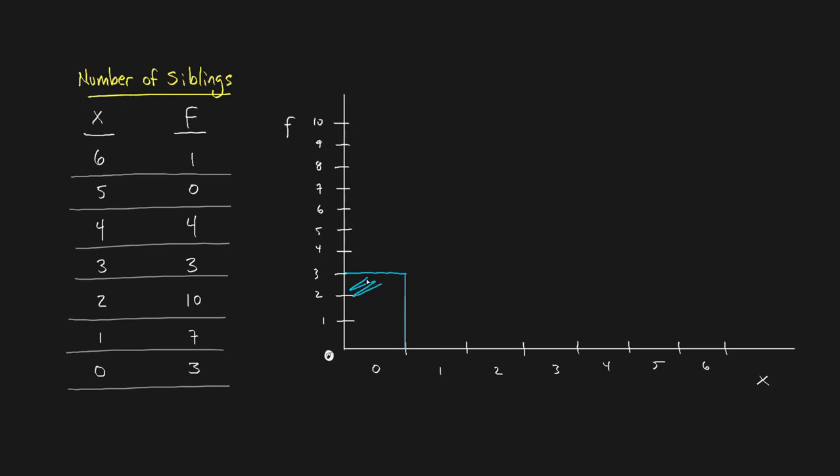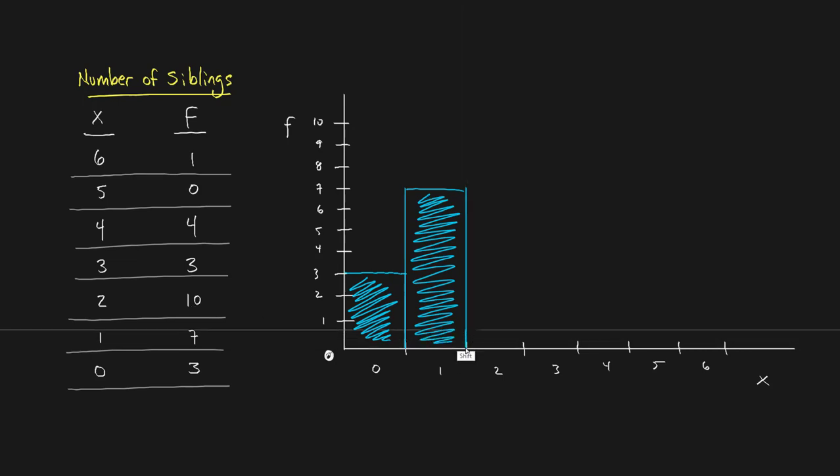Okay, so there are 3 people that said that they have 0 siblings. And then 7 people say that they have 1 sibling. So we've got to take this all the way up to 7. And then for 2, we have 10.